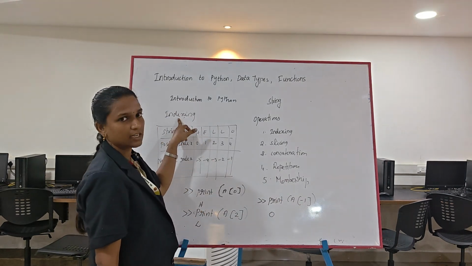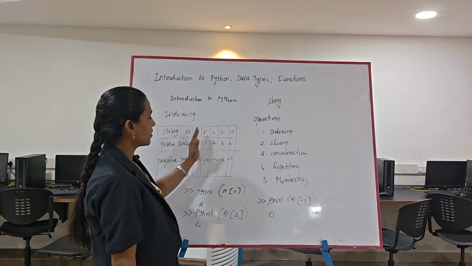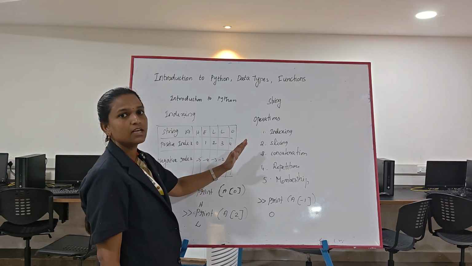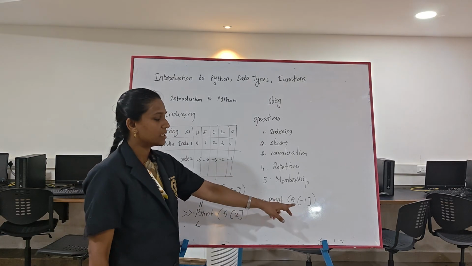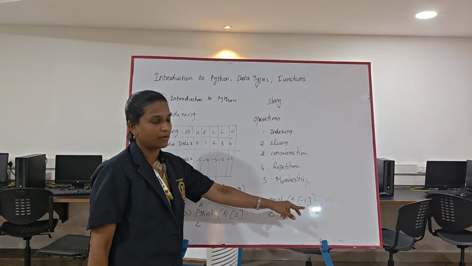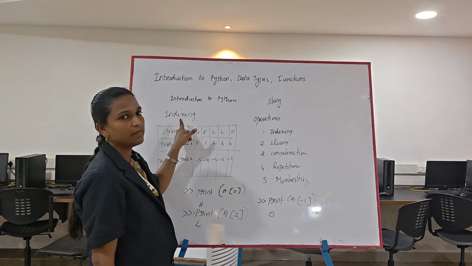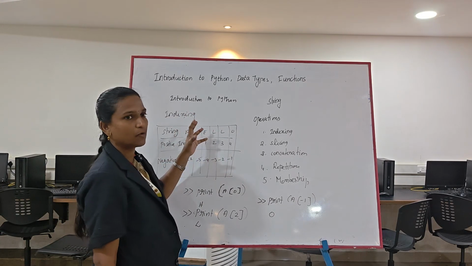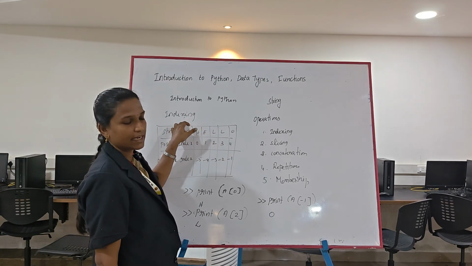So in indexing, there are two types, positive index and negative index. The positive index starts from the first and the negative index starts from the last. Here we have given two positive numbers and one negative number. So by using this example, we have seen indexing. That means we access particular values from a particular index.